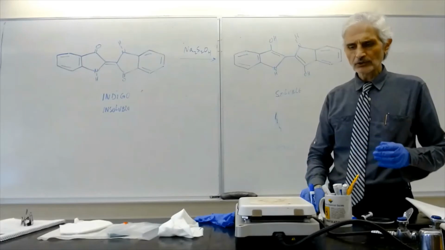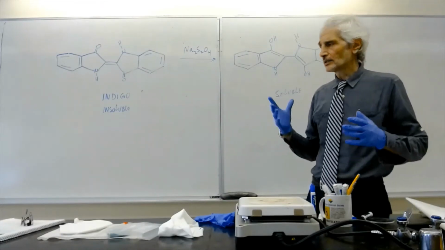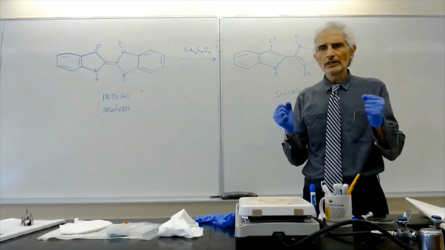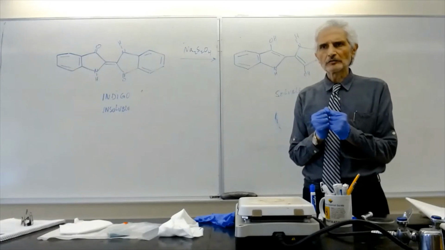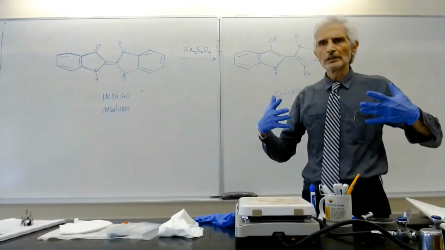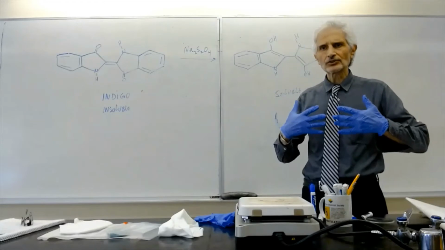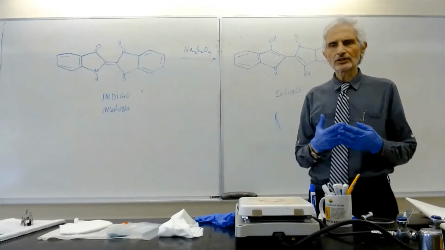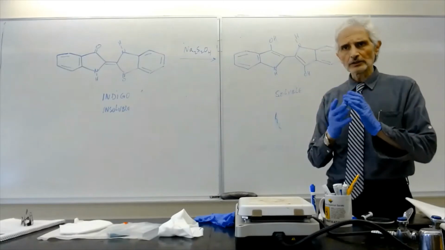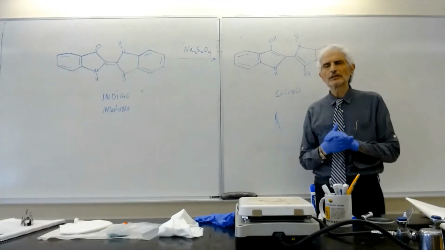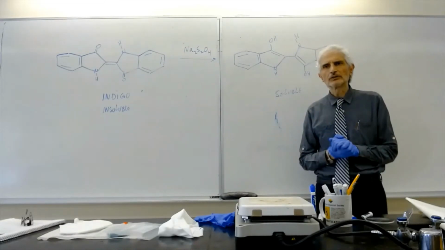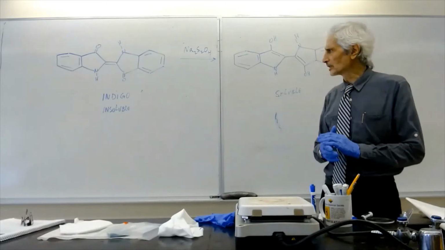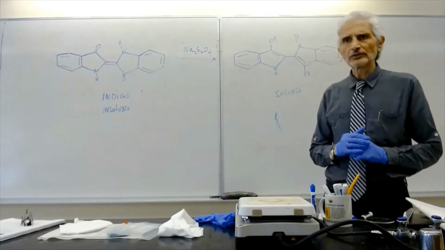What happens is that the soluble dye actually interacts with the fiber in such a way that it will penetrate through the interstices of the fiber, and through chemical reaction and physical entrapment within the fiber, the material gets dyed.